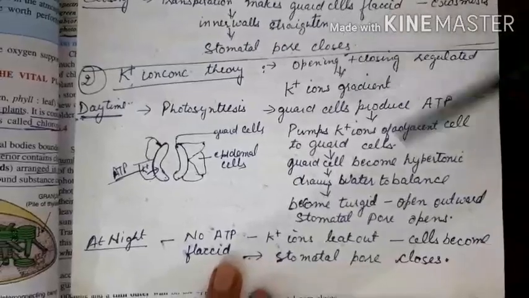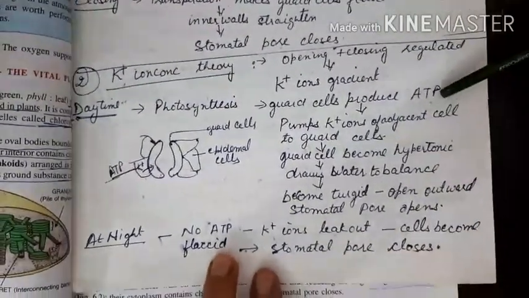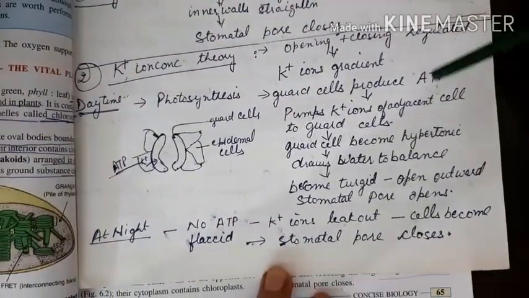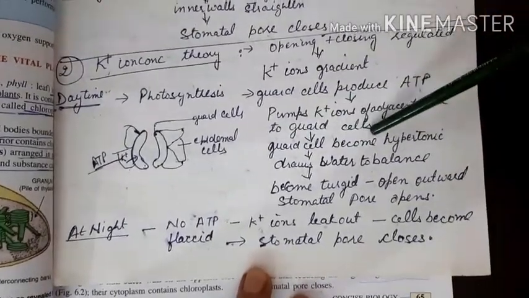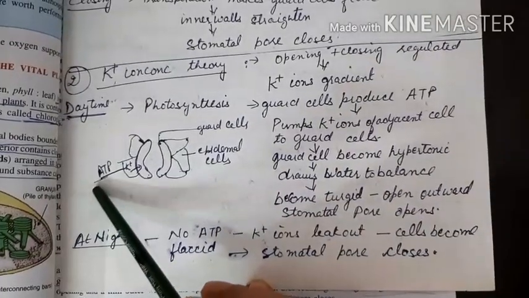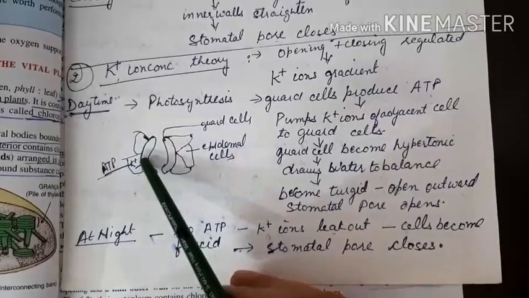With that food they also produce energy in the form of ATP. This ATP pumps the potassium ions of the adjacent epidermal cells to the guard cells. The ATP forces the potassium ions to move inside the guard cells.